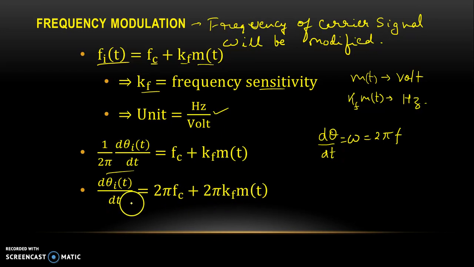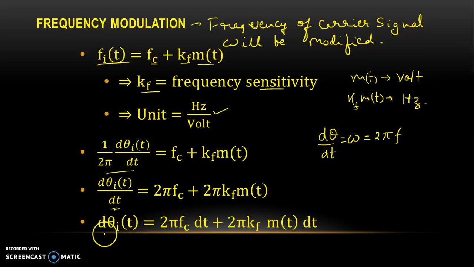Now I can integrate this equation. I can shift this dt from LHS to RHS, and I get d theta equals 2 pi fc into dt plus 2 pi kf into m(t) dt.